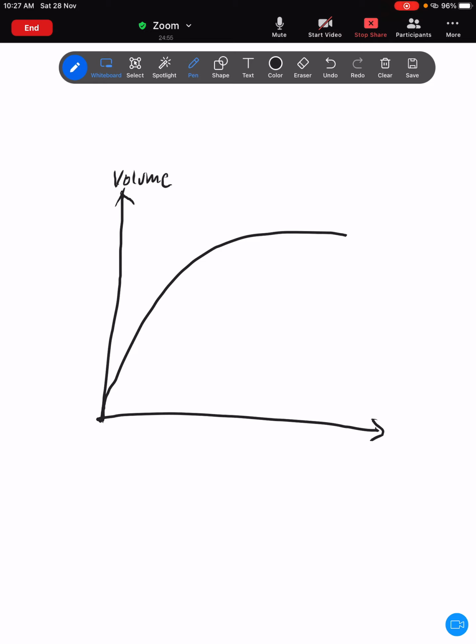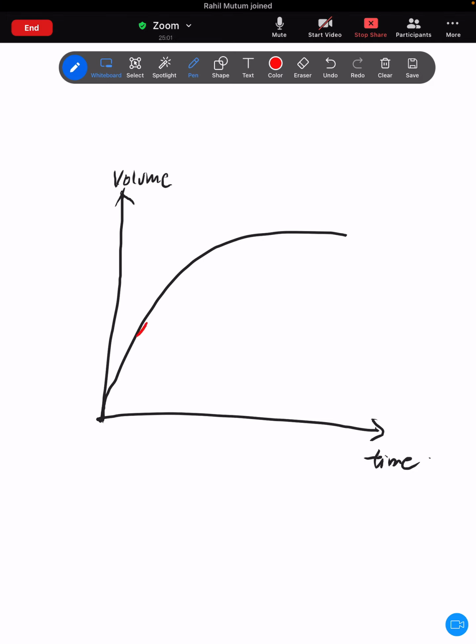Okay, guys. Okay, let's say you are given a graph, something like this, and you are drawing like this. By just looking at the graph over here, you notice this is a product or reactant.